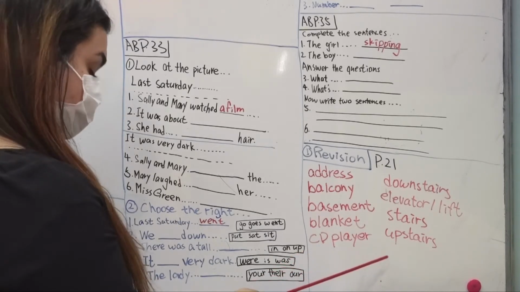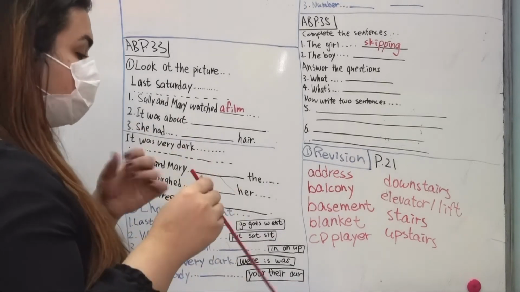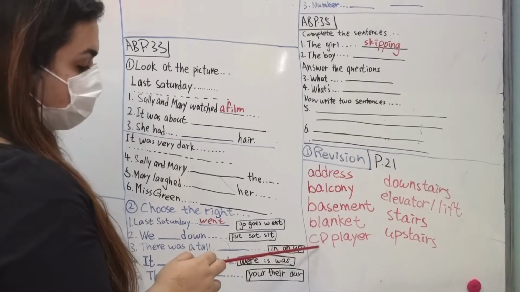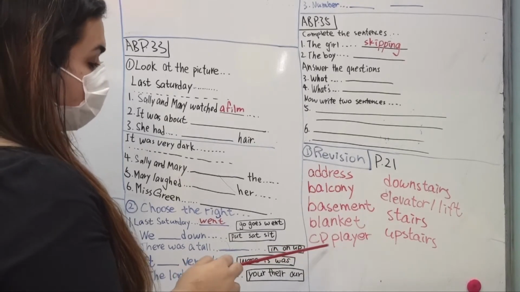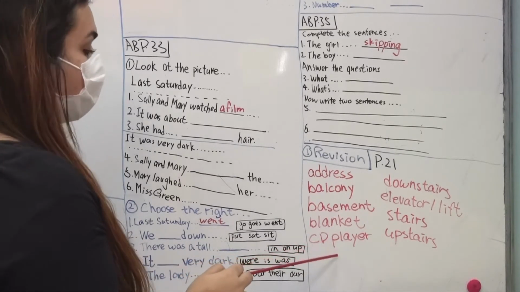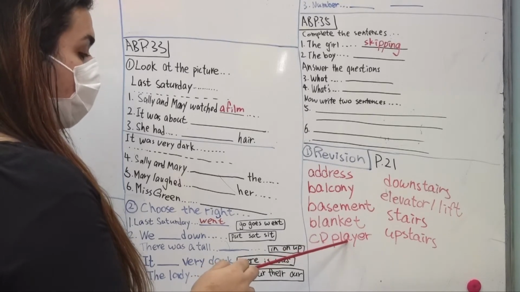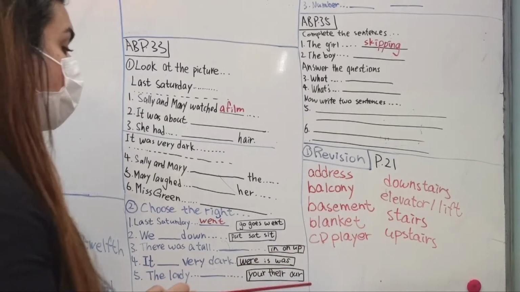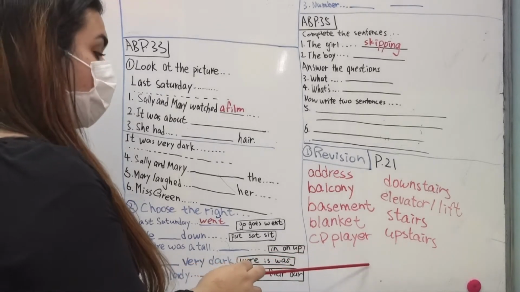CD player. You put a CD in and you can listen to music, right? CD player. So C-D, let's spell C-D. P-L-A-Y-E-R. CD player. Again, CD player.